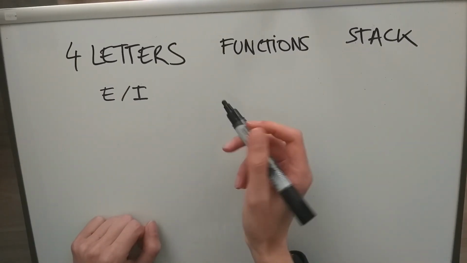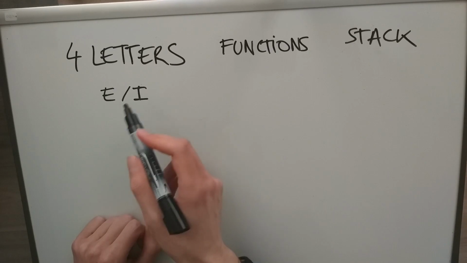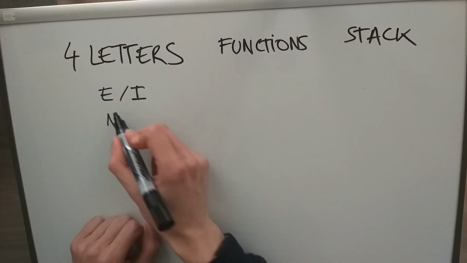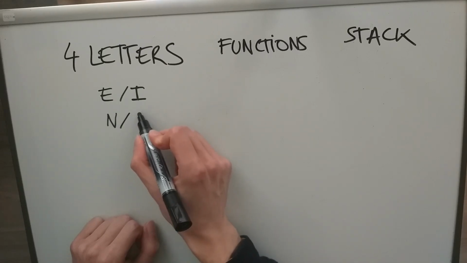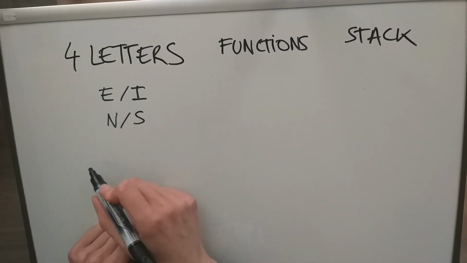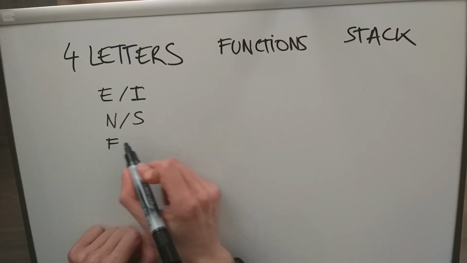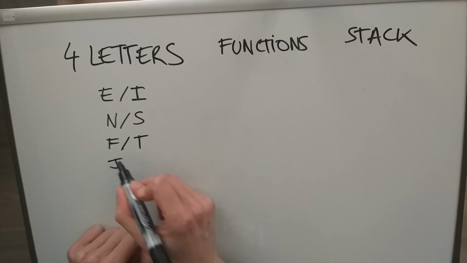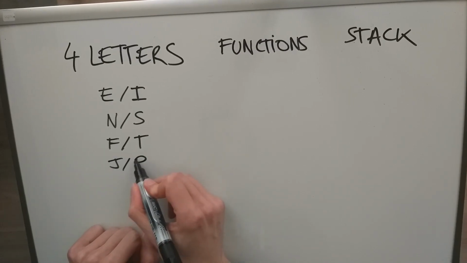That's not really an official name, but it'll be easier than to just mention extroverted or introverted every time. Then we have the perceiving preference, which can be for intuition or sensing. Then we have the judging preference, which can be for feeling or thinking. And lastly, we've got the preference for judging or perceiving.